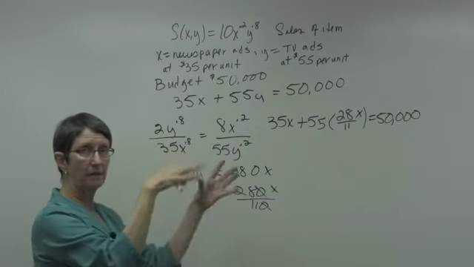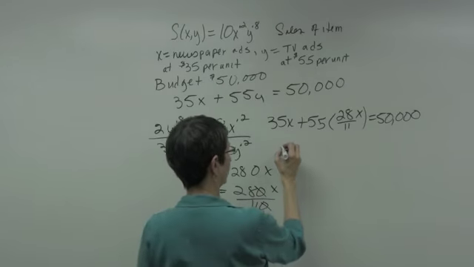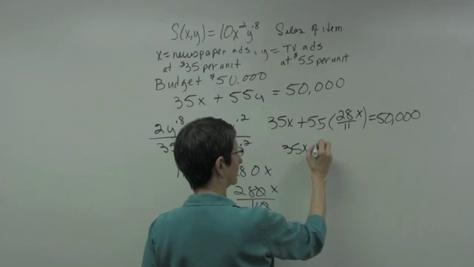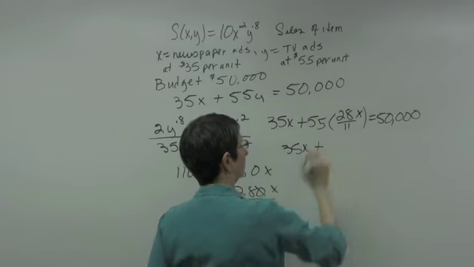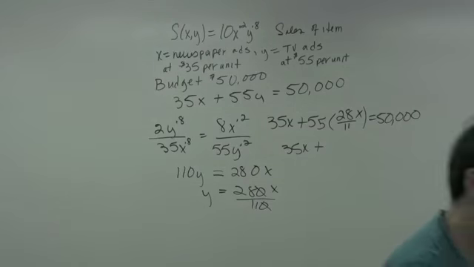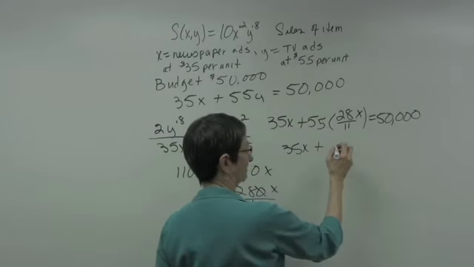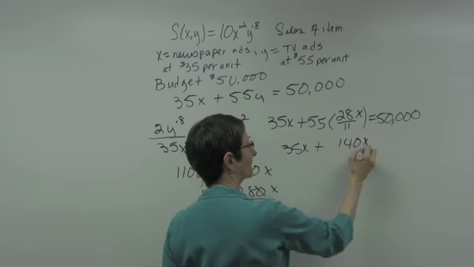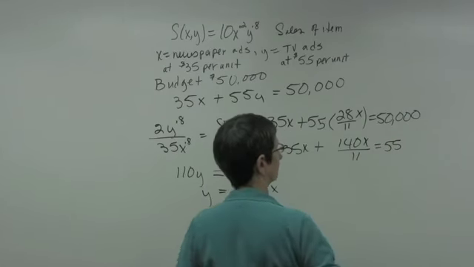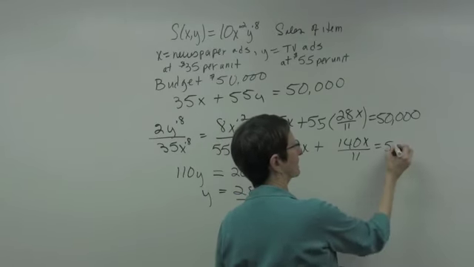I need to do all of my magic, putting things around here. 35x plus 55 times 28 is 140. X over 11 equals, that's next, 50,000.